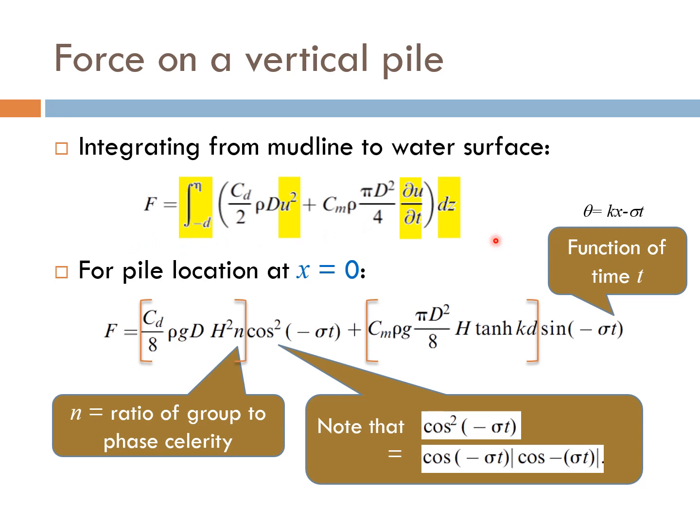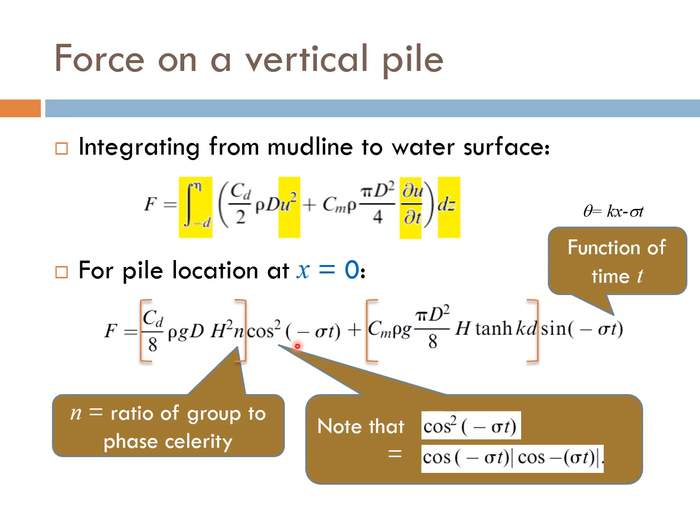So when we integrate, this part of the expression doesn't change, so we can see it over here, but when we integrate u, we see the additional expression over here, including a phase term cos squared. Likewise, when we integrate the inertial force term, this part of the expression didn't change, and when we integrate partial u over partial t with respect to z, we get these additional expressions, including a phase term sine.